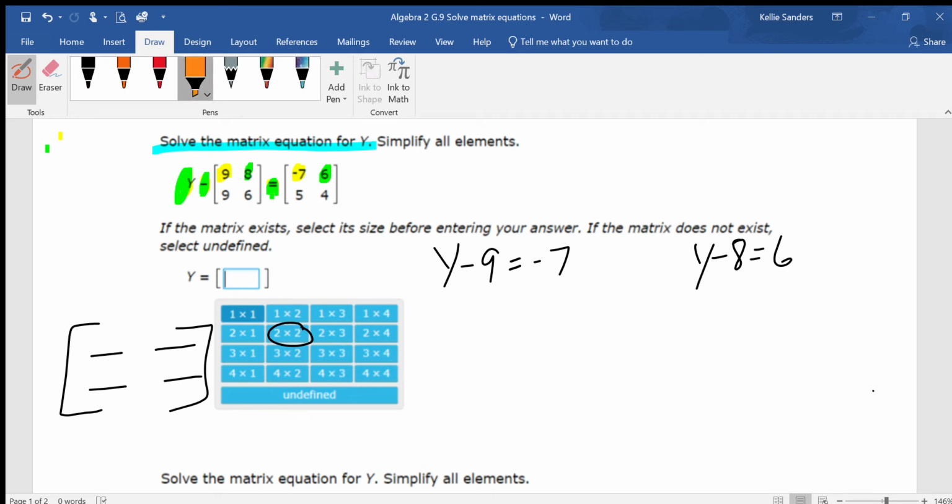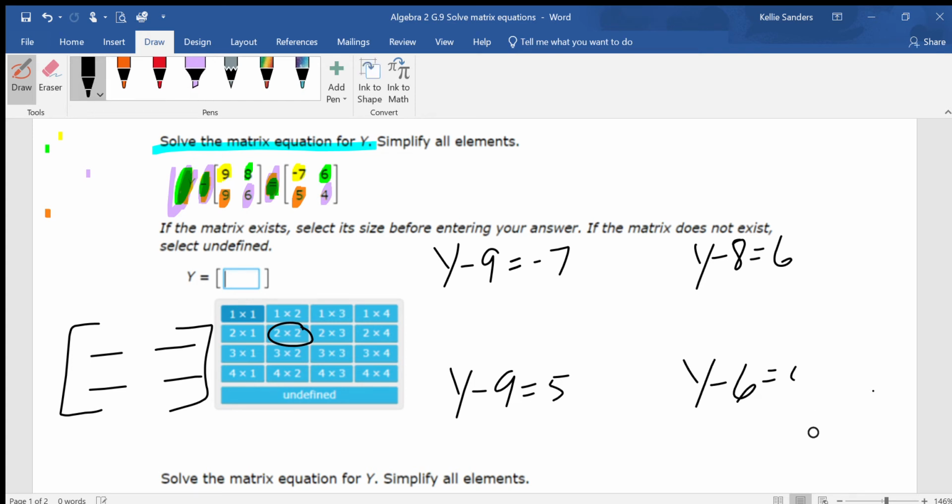And change colors again. Y minus 9 equals 5. Last time. Y minus 6 equals 4. If you would just take the time to write each of those numbers, make sure you have the minus on there and everything, you'll be good to go.